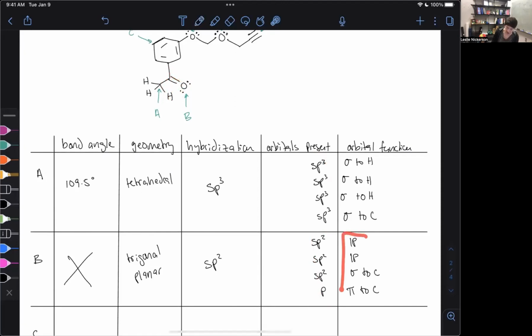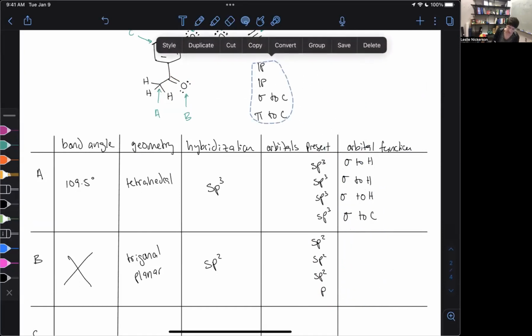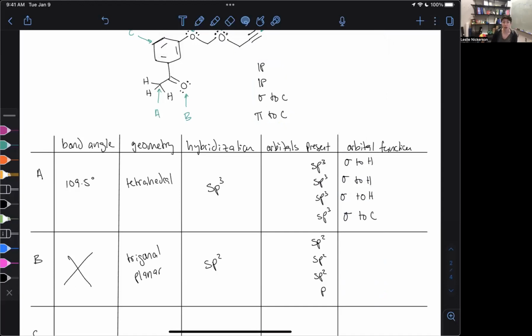So I've just written this up. Okay, we'll put it up there and then we'll just drag them down as we talk about them. One thing to keep in mind here is if I have a pi bond, I know that there's only one orbital that can make a pi bond, and that is the p orbital.